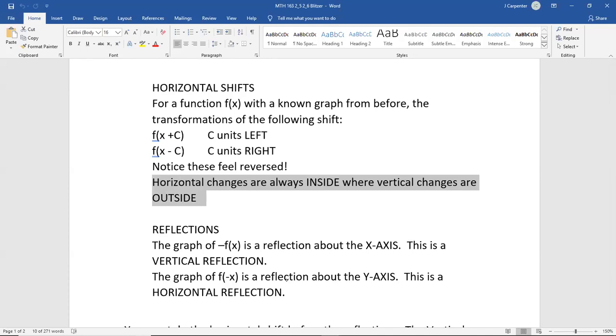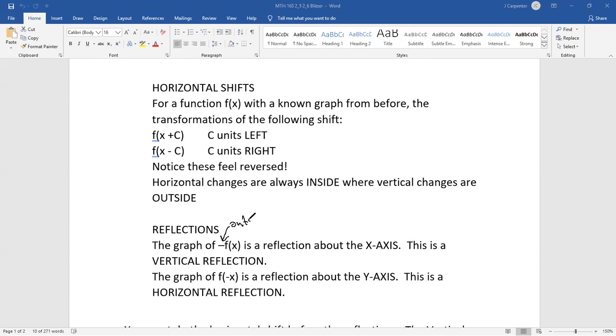So vertical reflection, vertical things happen outside. Look at this negative. It is outside of the core f of x, that core x squared or x cubed or square root of x, whatever function. This negative is outside, whereas this negative right here, that one's inside.